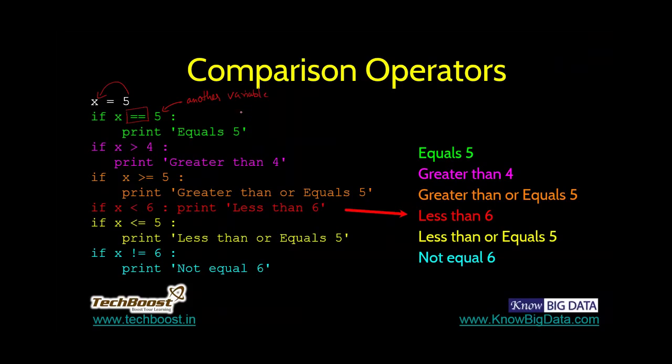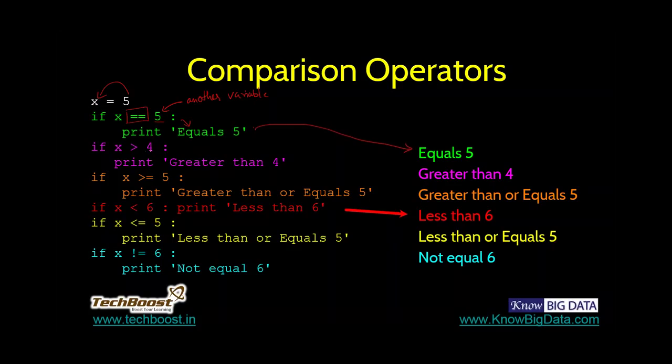So this in fact is equals to 5. x is holding a value 5, which is in fact equal to the numerical value 5, and hence the following block of this condition executes and we get the output.